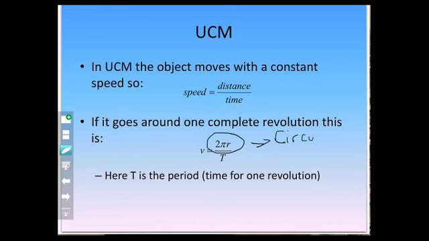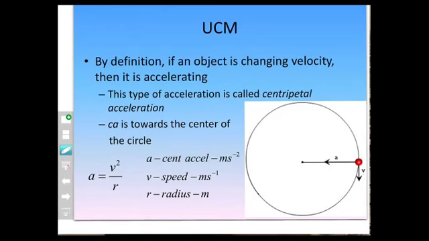That's the distance we're dealing with when we talk about circular motion, and the time is the period. So our speed in uniform circular motion is 2 pi r over t, where r is the radius measured in meters and t is the time measured in seconds. And that gives us units of meters per second, just like all of our other speeds.